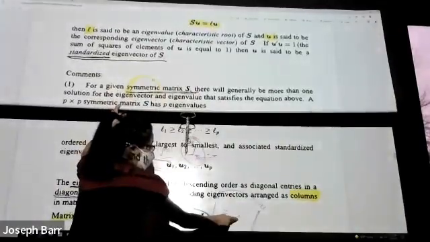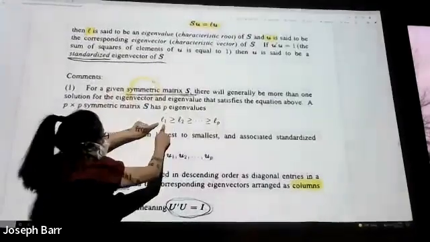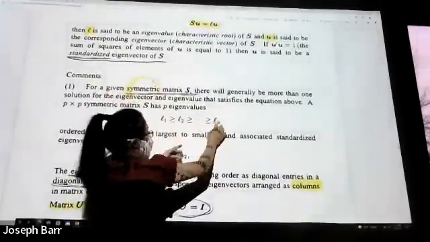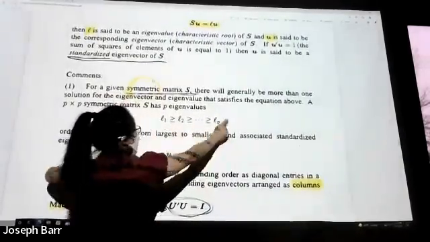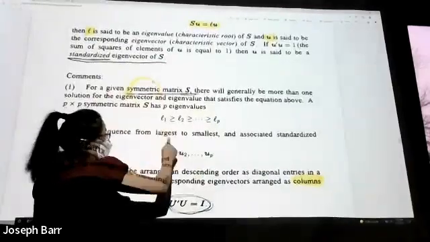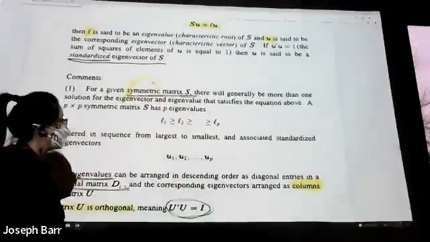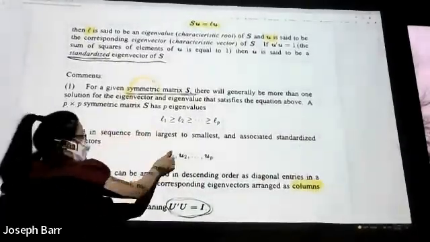The first, largest one is called L1, and then we may have a smaller one, and a smaller one. Finally, we have the smallest one, LP. All of these are very important. All of these are called eigenvalues. And for each eigenvalue, we can find a U here.